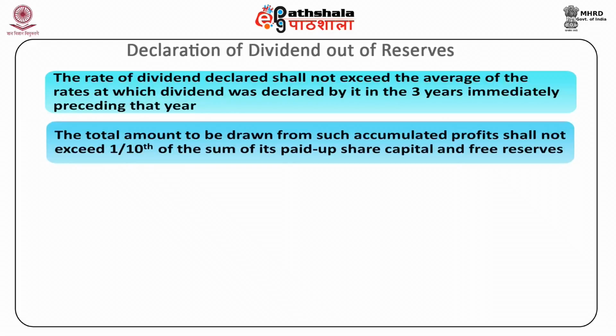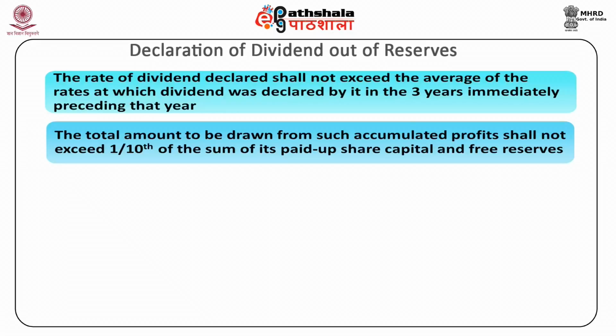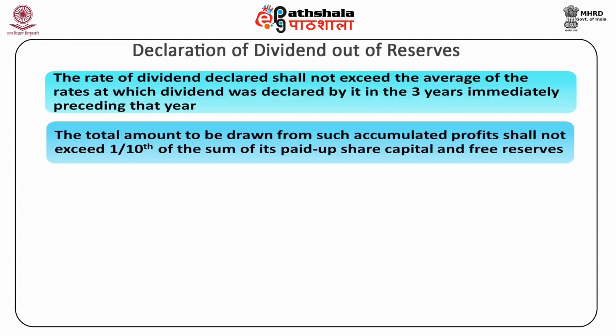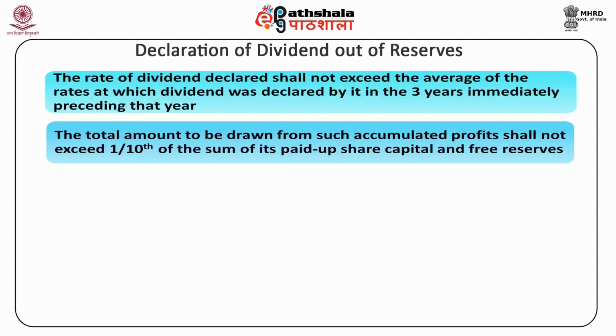Second, the total amount to be drawn from such accumulated profits shall not exceed 1/10 of the sum of its paid-up share capital and free reserves as appearing in the latest audited financial statement.